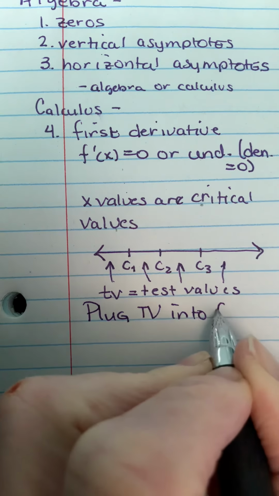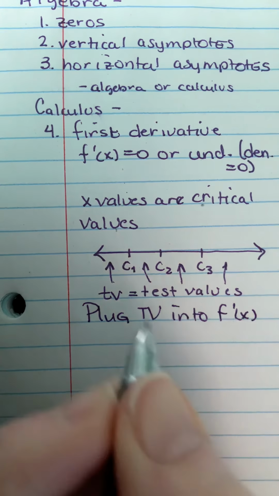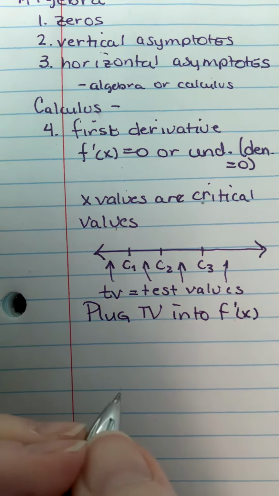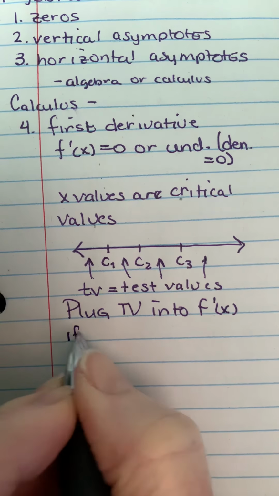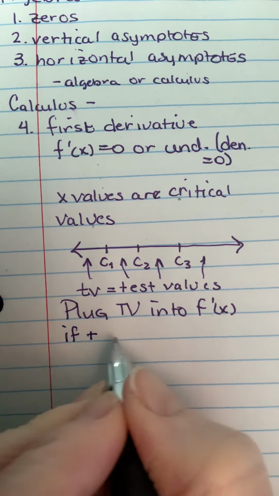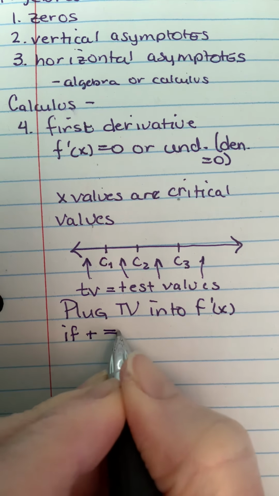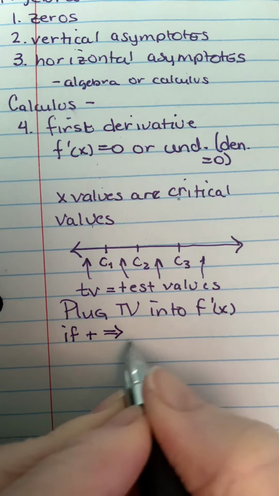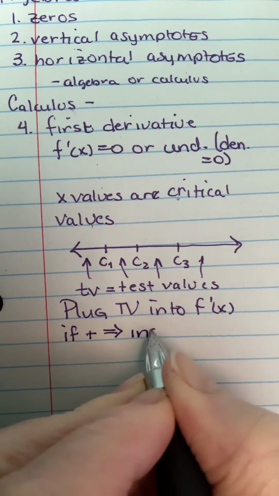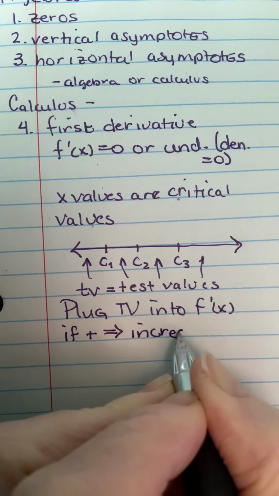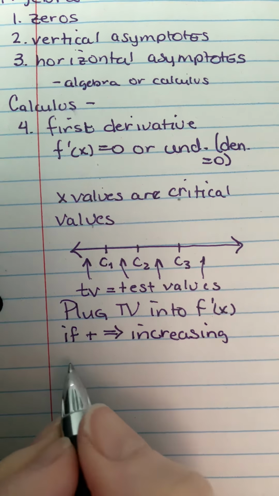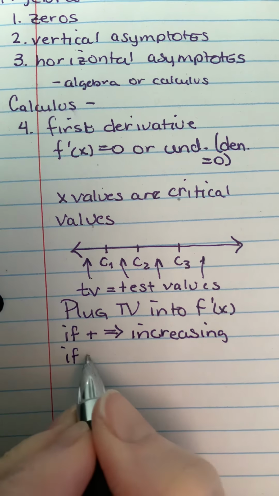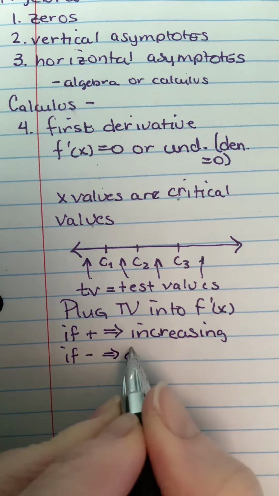into f prime. Now you'll remember from before spring break, what we did with that is if our result was positive, then that implies, this is notation for implies, that implies increasing, means that the function is rising as we read across the page. If it is negative, that implies decreasing.